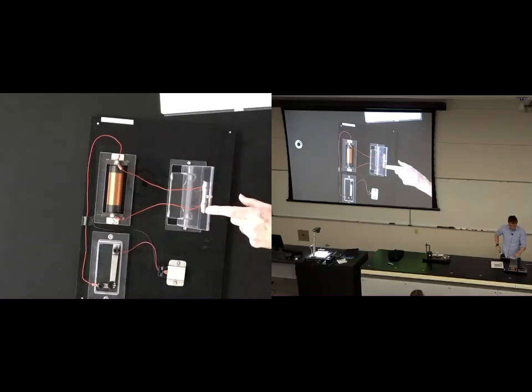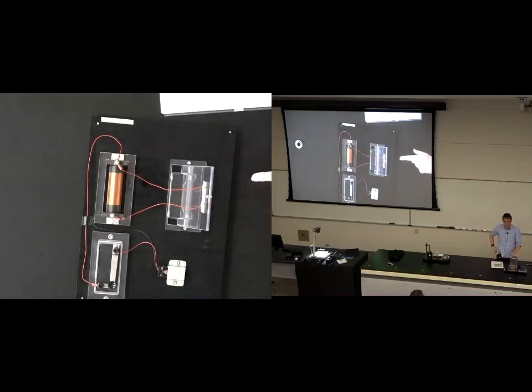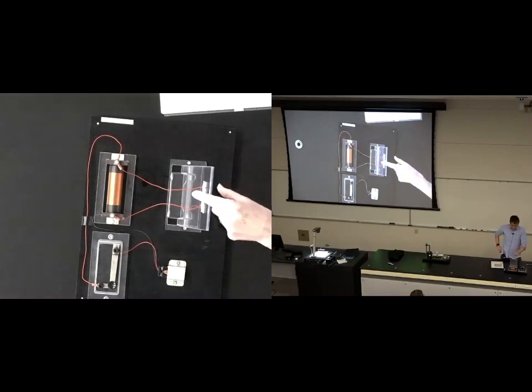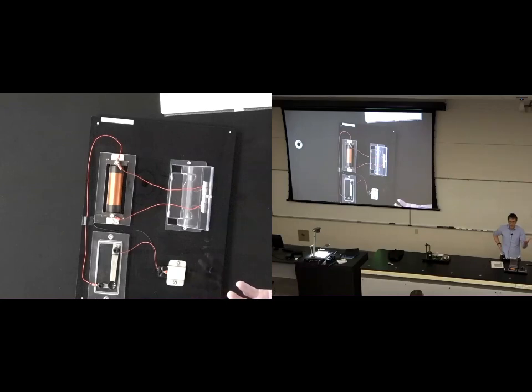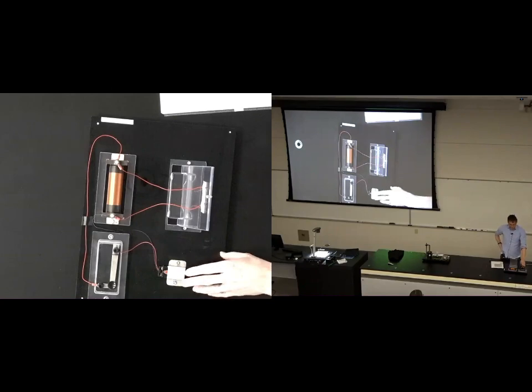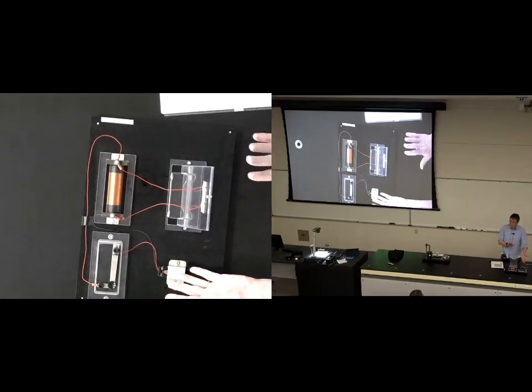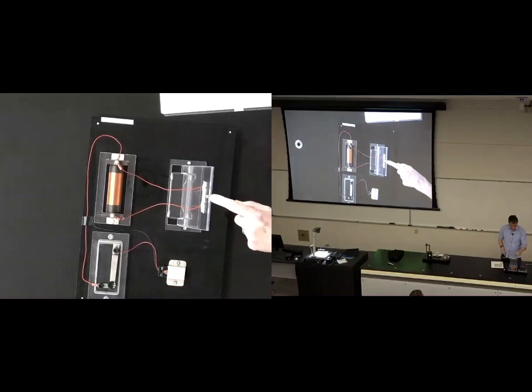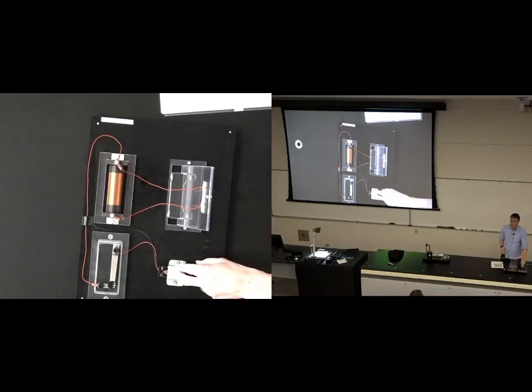But there's a catch in this circuit: the lamp that we have here needs about 100 volts to light. The battery is 9 volts. So you would think that it's impossible to light this lamp that requires 100 volts with this battery that only supplies 9 volts.